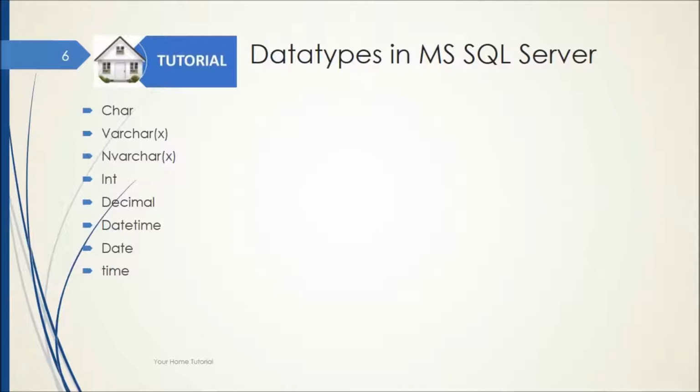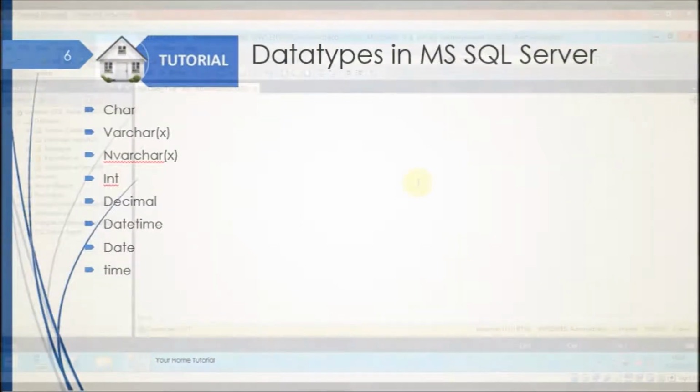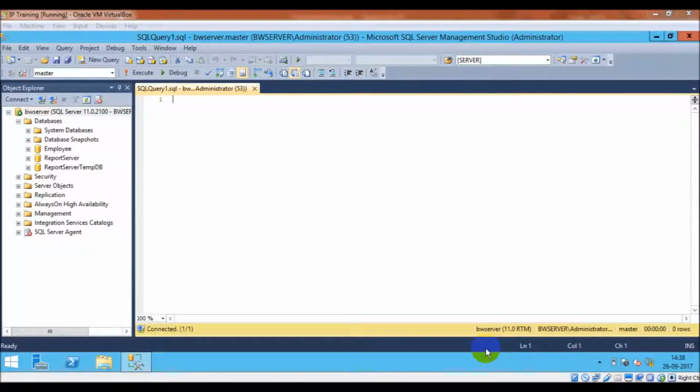So let me switch to my database. Now I'm here in my virtual machine in my SQL Server, and now we will see how to create a simple table using Transact-SQL. So let's write a query. As in the earlier video, we created a database with the name employee.